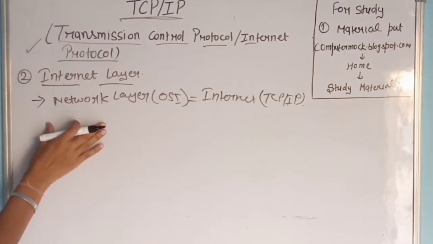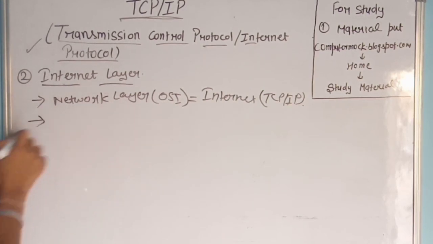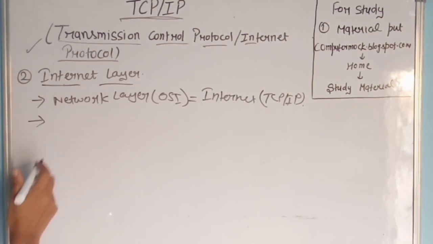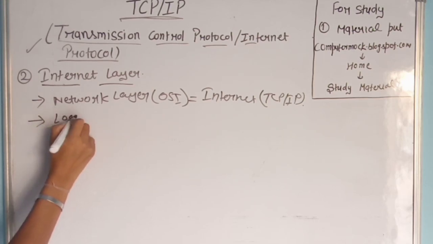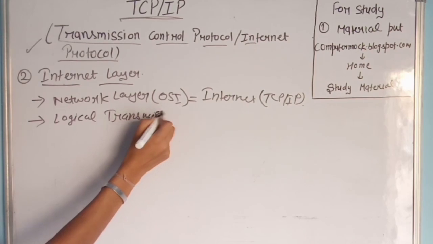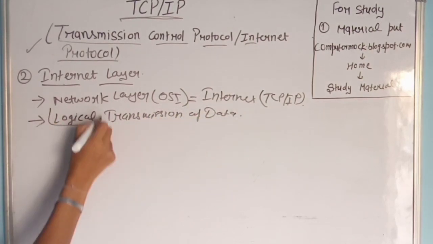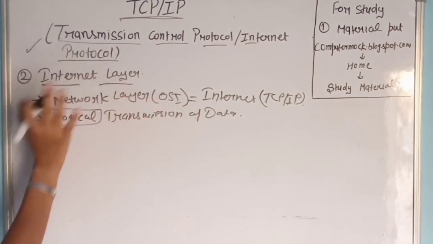This is an important thing, and mostly this question occurs in each and every paper. The next important point is logical transmission of data. Logically, data is sent by using the internet layer.